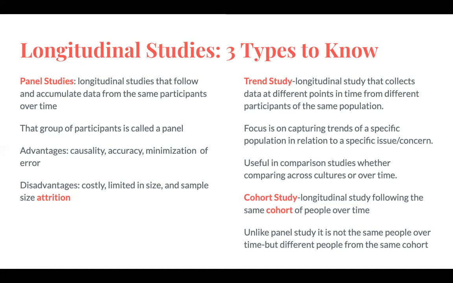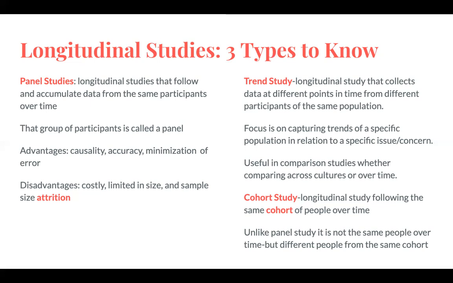So let's say I'm studying Gen Z and their reactions to public affairs. The Gen Z cohort has a specific birth year range, and I want to be very, very precise.